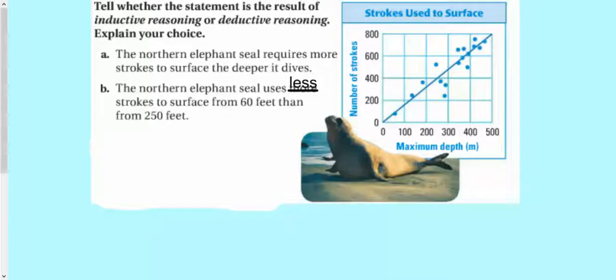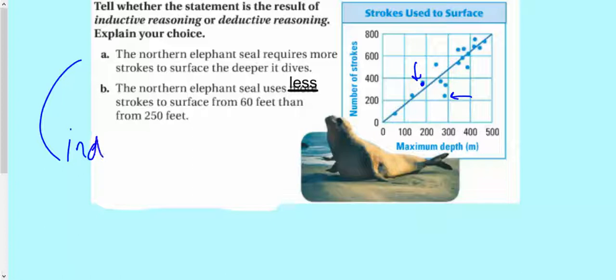Tell whether the statement is inductive or deductive. Explain your choice. The northern elephant seal requires more strokes to surface from deeper dives. So this is just a trend, okay? It's not always true, because here, this seal right there took 380, and this one here dove deeper, and it only took like 220. So this would be inductive reasoning.